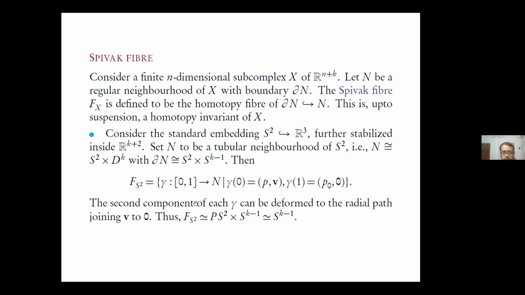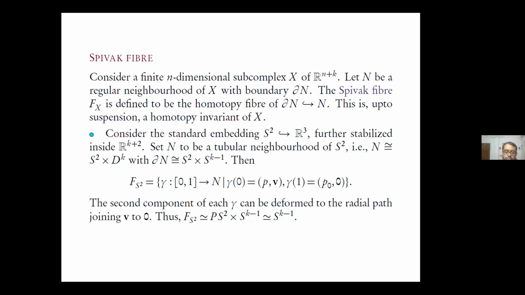So what you realize is that this homotopy fiber, the Spivak fiber, is homotopy equivalent to the path space of S2 based at P0 cross S^(K-1). The S^(K-1) corresponds to the choice of V. The path space is contractible, so this is homotopy equivalent to S^(K-1). Okay.